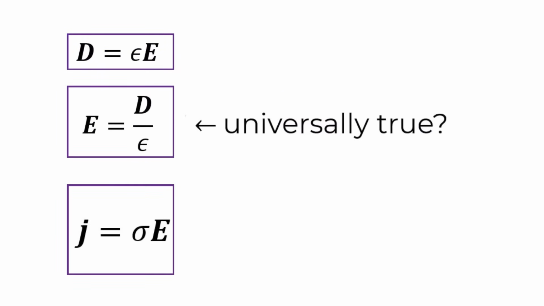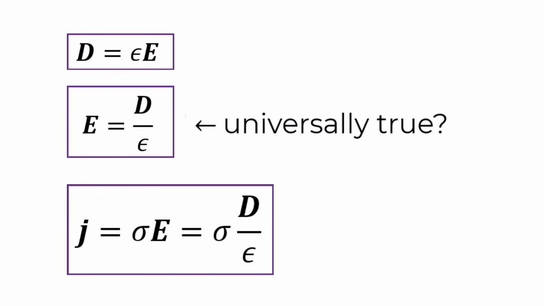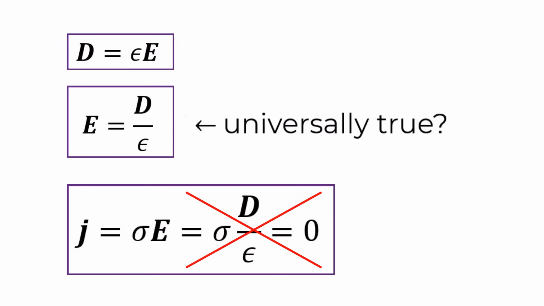However, if E equals D over epsilon is the full equation for the electric field everywhere, then E equals D over epsilon is true inside a conductor. That would necessitate that the current density, J equals sigma E, is the same as J equals sigma D over epsilon. Note that the permittivity of a conductor, epsilon, is basically infinite, which means that the current in a conductor has to be zero in all cases, which is, of course, ridiculous.